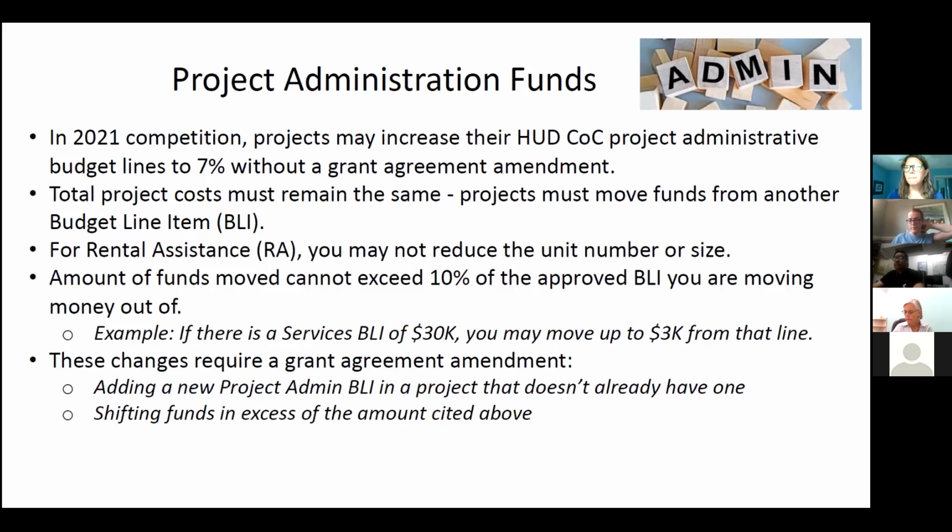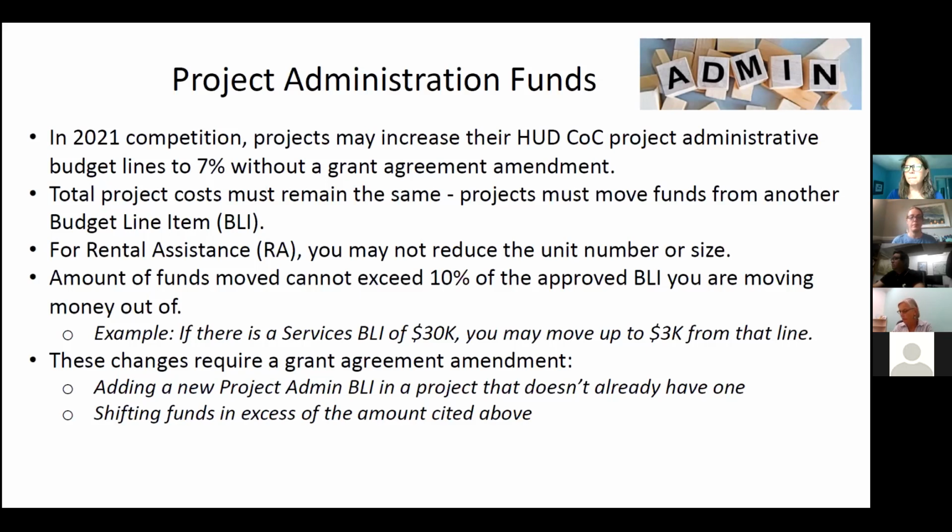So if you are increasing your admin, you have to move it from another budget line. For the rental assistance line item, you are not allowed to reduce the unit number or the unit size. You can't just choose a different unit size because that's less money. It has to be the same configuration of rental assistance units.